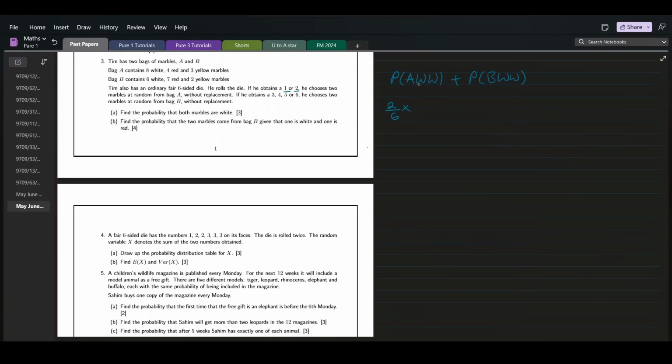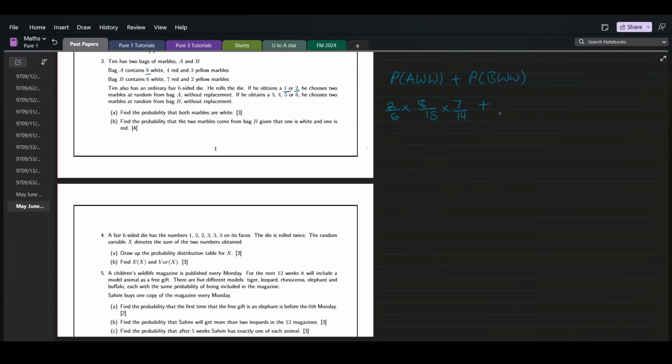And once he has picked bag A, the probability of picking a white marble is 8 out of, the total of marbles is 8 plus 4, 12 plus 3, 15 out of 15, multiplied by, since we've already picked a white marble, it means only 7 will remain, and this is sampling without replacement, so it's out of 14.